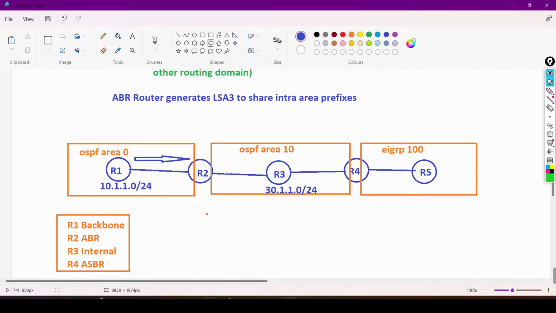LSA 1 and it will forward to router number 2. So router 2 has 10.1.1.0 also, 30.1.1.0 also. Yes or no? Now router 2 is what? ABR. So router 2 will generate what? LSA 3. How many LSA 3? Two LSA 3, one for area 10 and one for area 0. Okay guys?